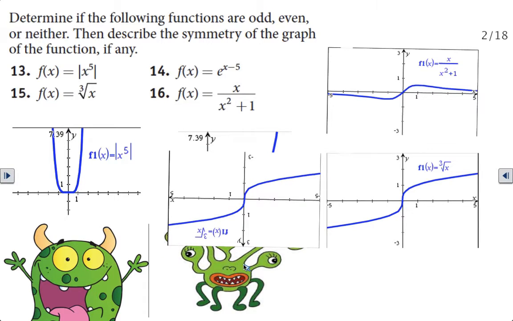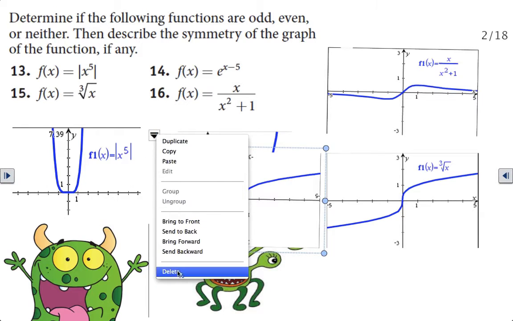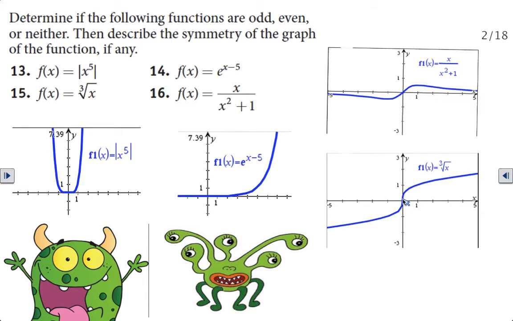That's kind of hard to do. There we go. Then I have exactly the same picture. Okay? So odd functions rotate around the origin 180 degrees, and if you have the same picture, then it's an odd function.